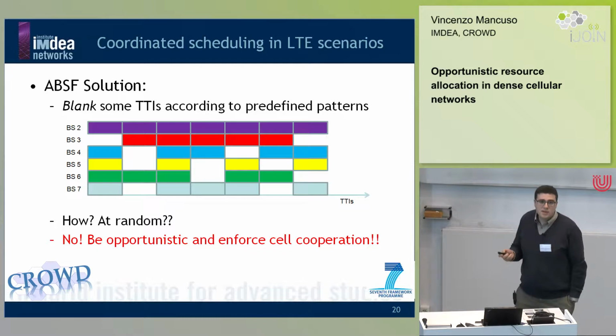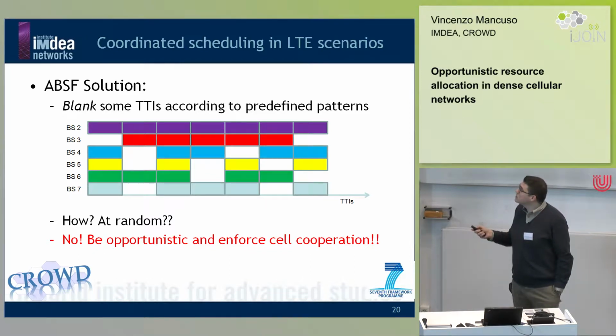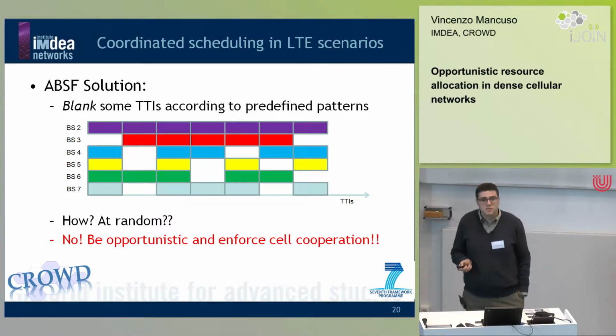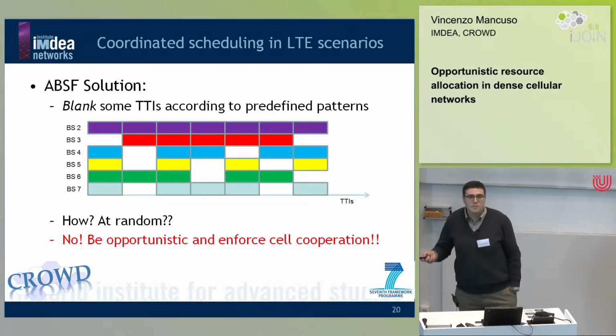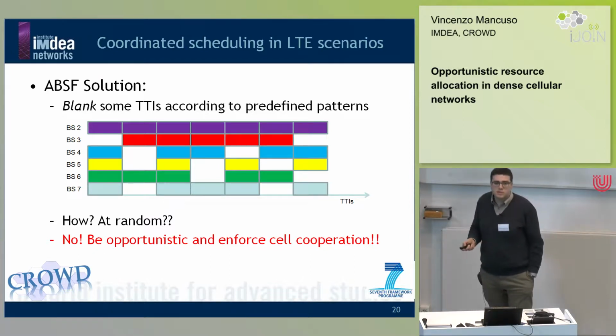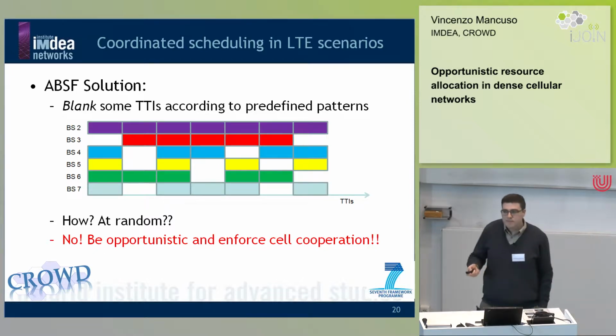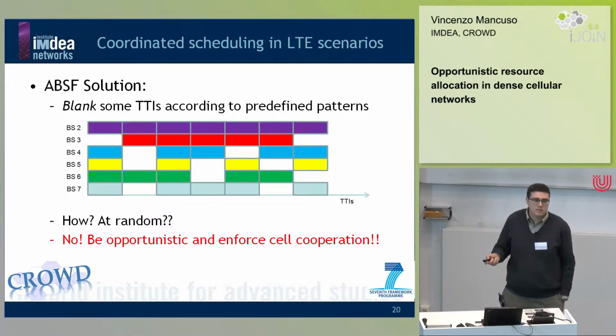The idea is that most of the activity in the air in those TTIs is not going to be used by the base station. The standard doesn't say how to select these spaces, but it says to downsample the number of transmission intervals that you can use, and this way the overall interference will be stochastically reduced.